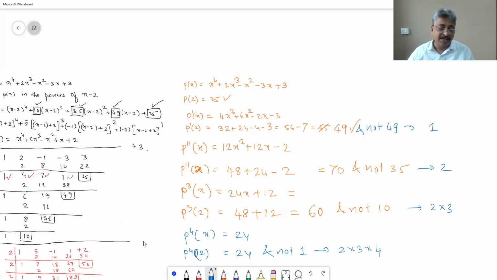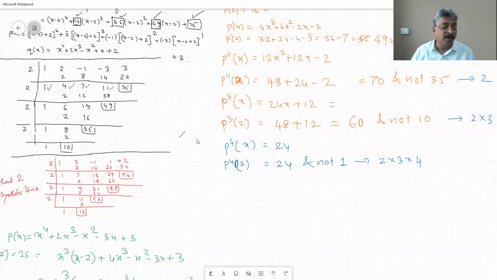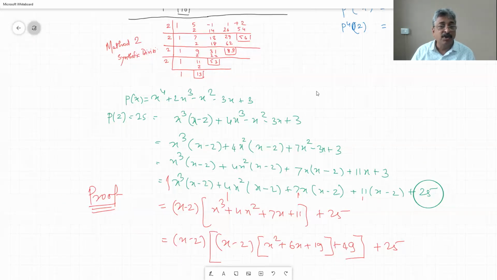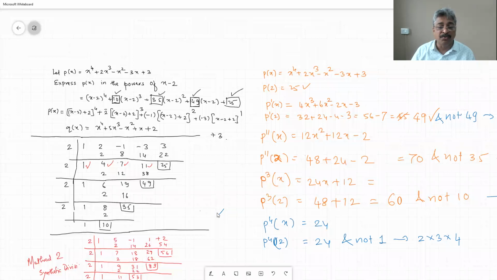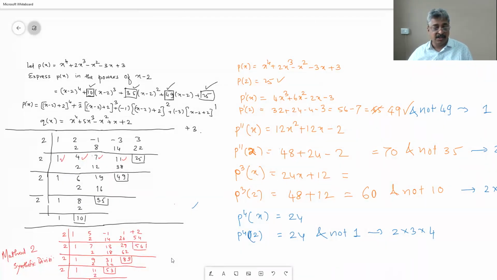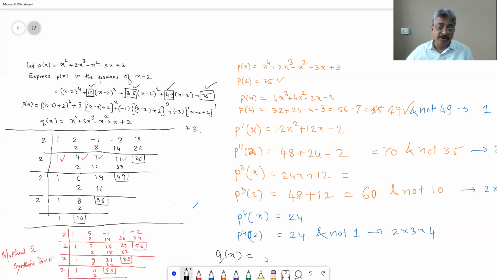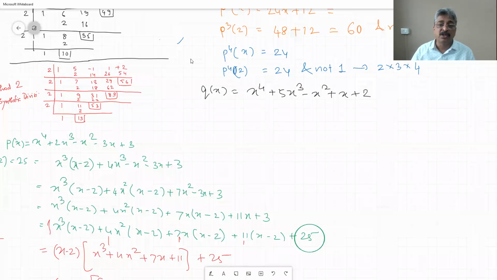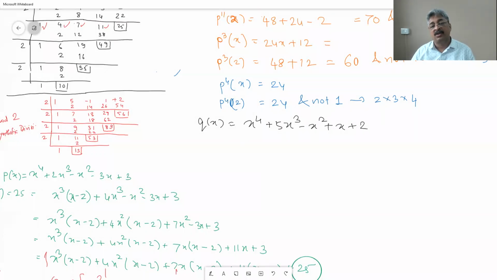So if I have to write the second polynomial which I have given you directly like this, because it is working, what is my second polynomial? Q of x is equal to x raised to 4 plus 5x cube minus x square plus x plus 2.